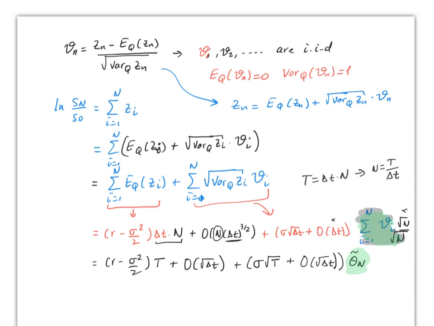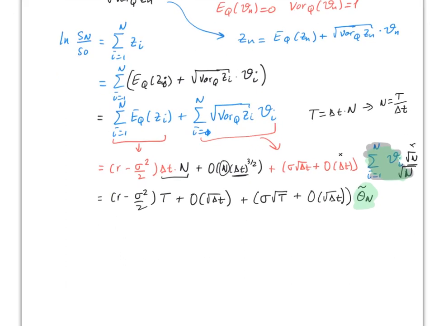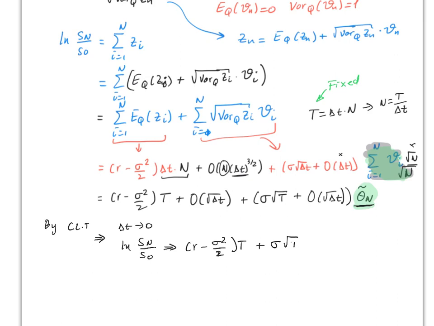Now, since t is fixed, so we talked about this already, by the central limit theorem, since this is a standard normal distribution, this implies as delta t goes to 0, the ln of Sn over S0 approaches this distribution, r minus sigma squared over 2 times t, plus sigma the square root of t times theta tilde, where remember that theta tilde is approximately standard normal.